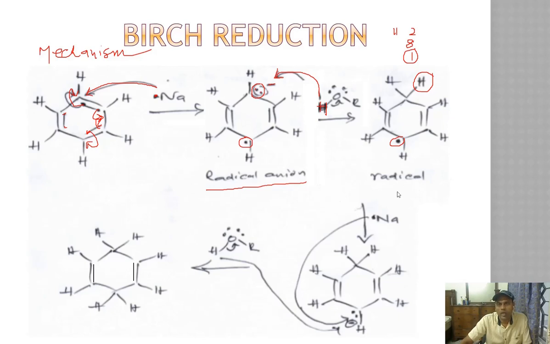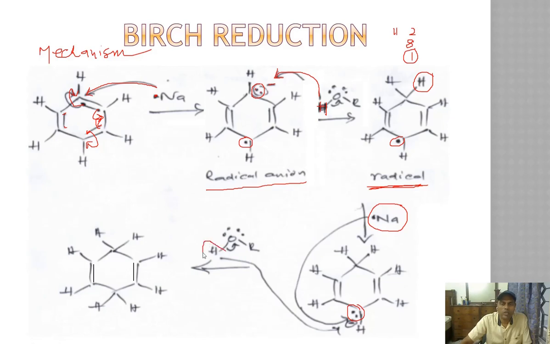So now again it's a radical. It's like a free radical now. It has got only 1 electron over here. Now the sodium with 1 free electron is going to give its electron to this radical, right? It is going to give to this carbon. So you're going to get 2 electrons here, and again it is going to be a radical anion. Again what will happen?